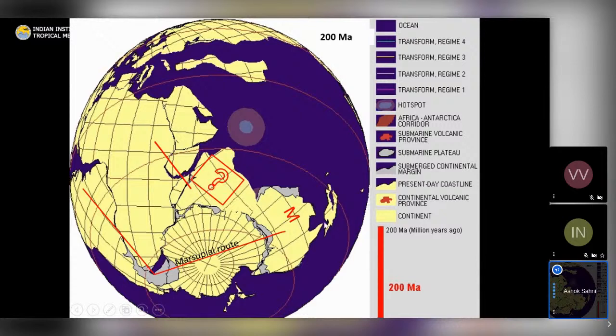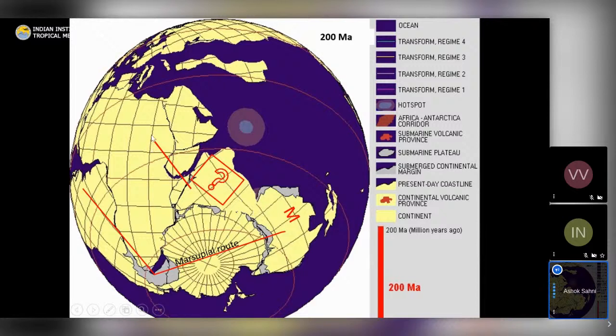If you look at Australia, the marsupials came through South America, through Antarctica. At that point of time, Antarctica was not as cold as it is now, and the marsupials were able to cross, and they inhabited Australia, but they were not able to come to India.